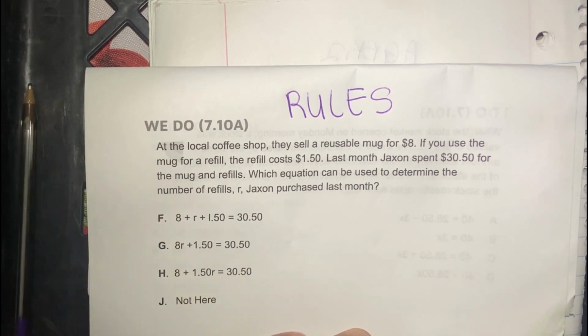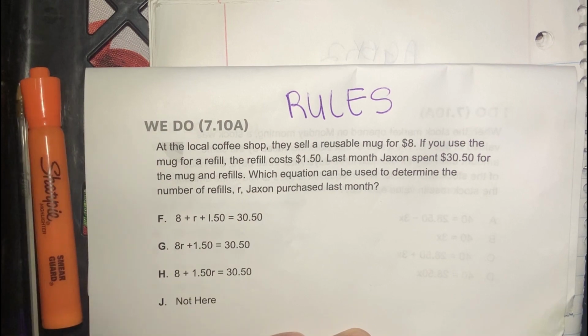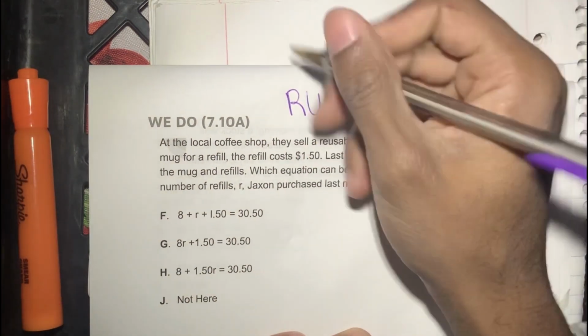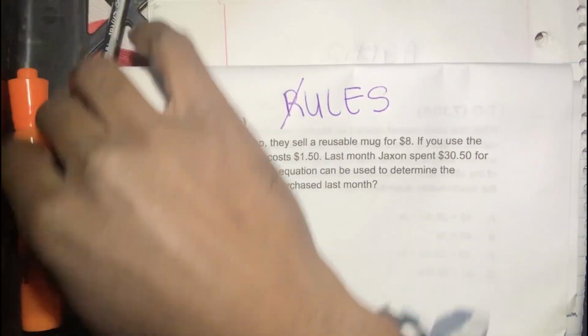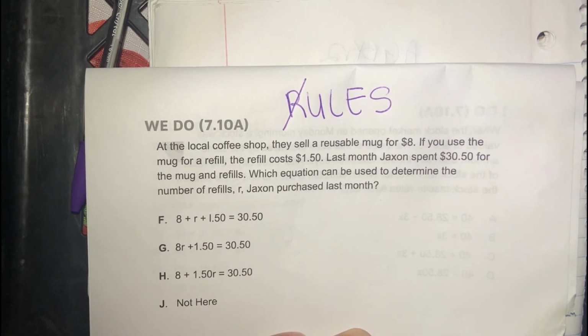Once he buys the mug, he doesn't have to pay for it anymore. So it's not going to be F, because F is saying it's $8 plus the refill plus $1.50. So if he gets 2 refills, it's not going to be 8 plus 2 plus $1.50. It's going to be 8 plus $1.50 times 2.